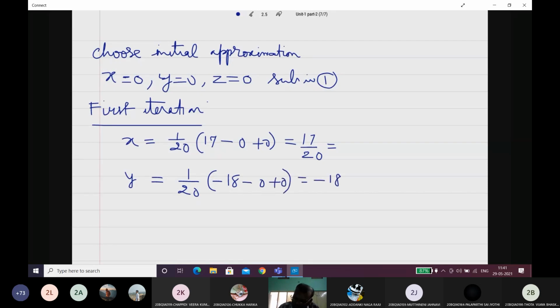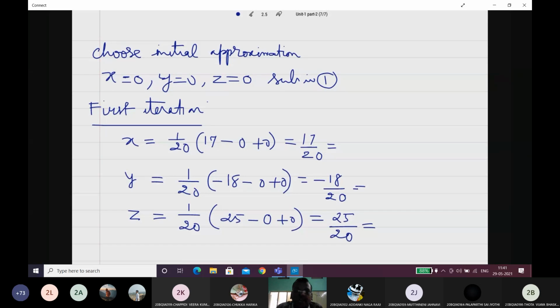That is equal to minus 18 by 20. From the third equation, z is equal to 1 by 20 of 25 minus 0 plus 0. That is equal to 25 by 20.